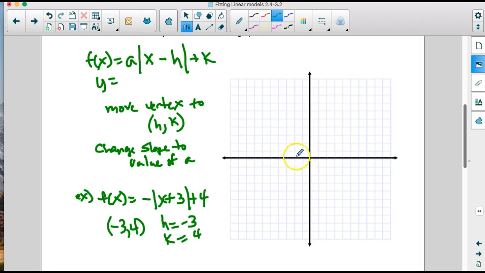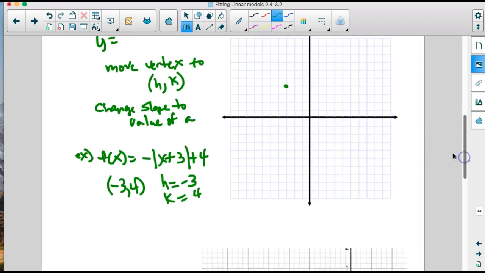So negative 3 and 4, 1, 2, 3, 4. This will be my new vertex. That's where the V is going to come to. Now my slope here is negative 1. So that means from this point I'm going to go down with the slope of 1 on either side.